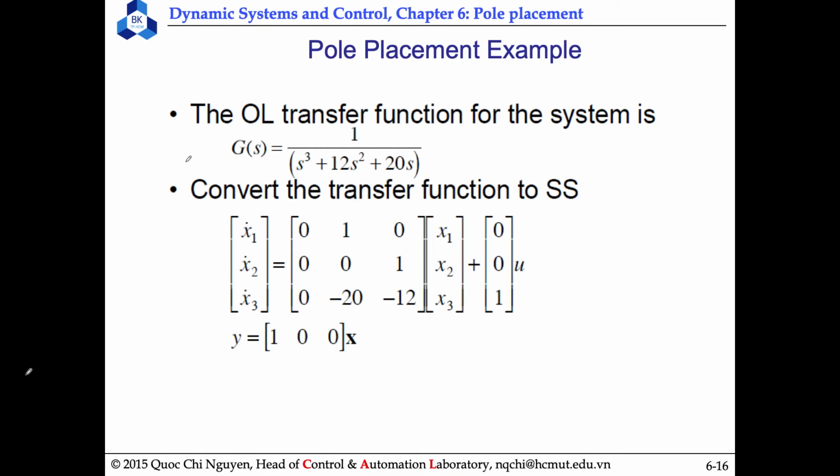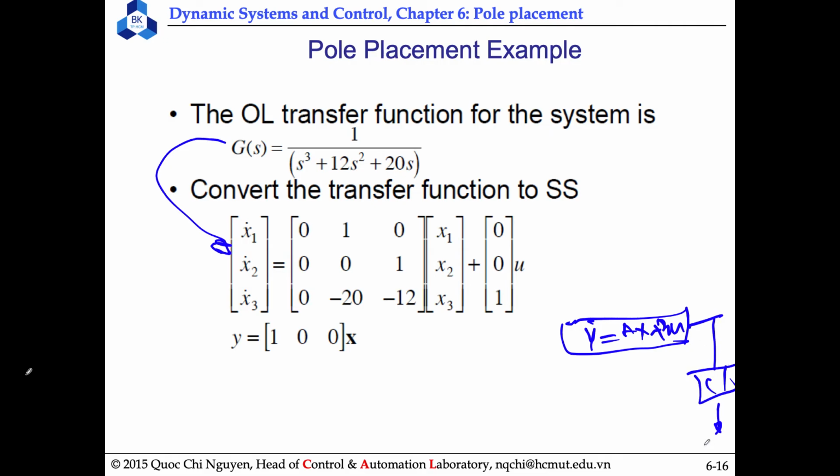First of all, we have the system. This is the system x dot equals Ax plus Bu. This is the C, this is the y.